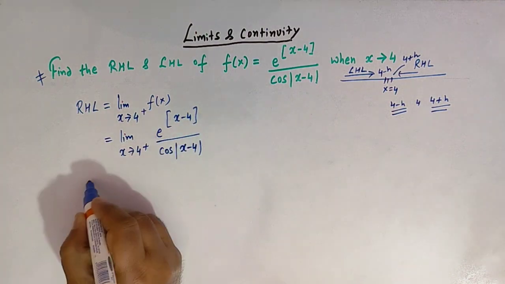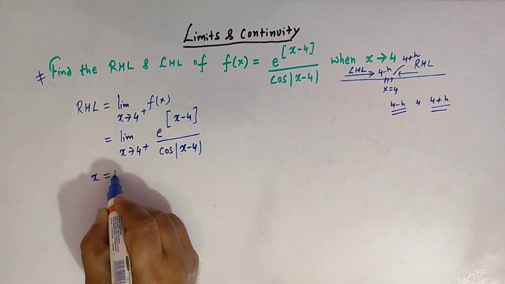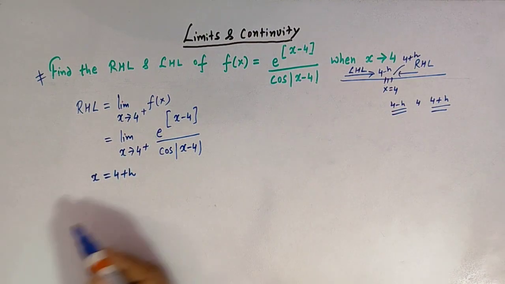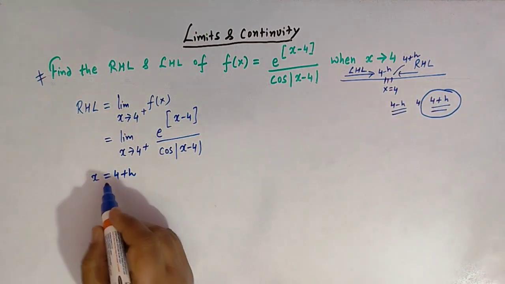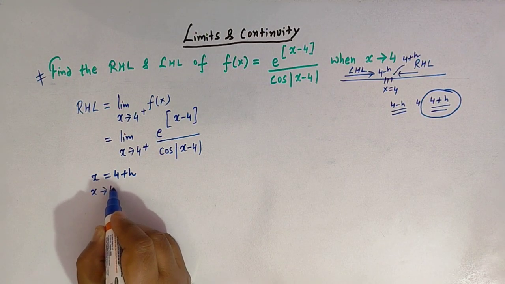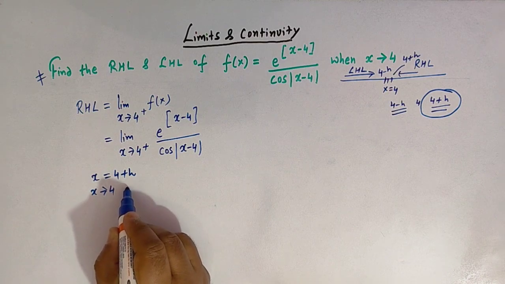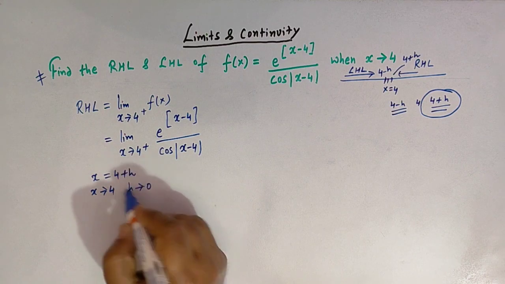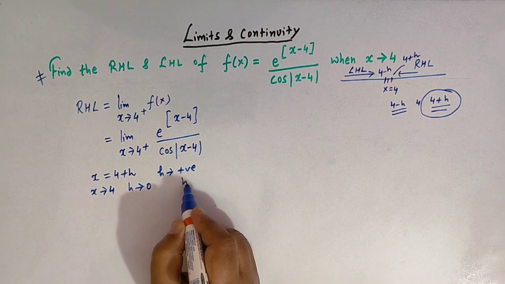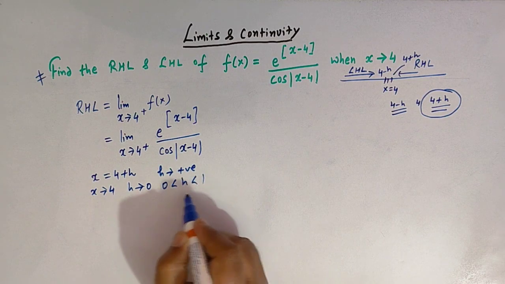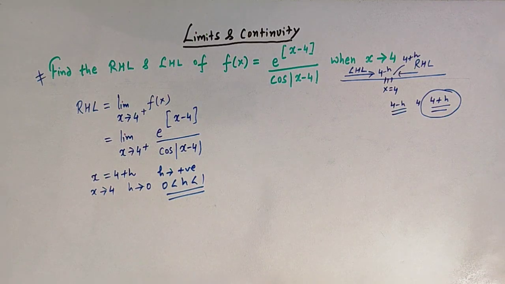So we'll take x is equal to 4 plus h, right? So here we have this point 4 plus h, and when x tends to 4, then obviously h tends to 0, and this quantity h is a positive quantity and it lies between 0 and 1, right? So h is a very small quantity.